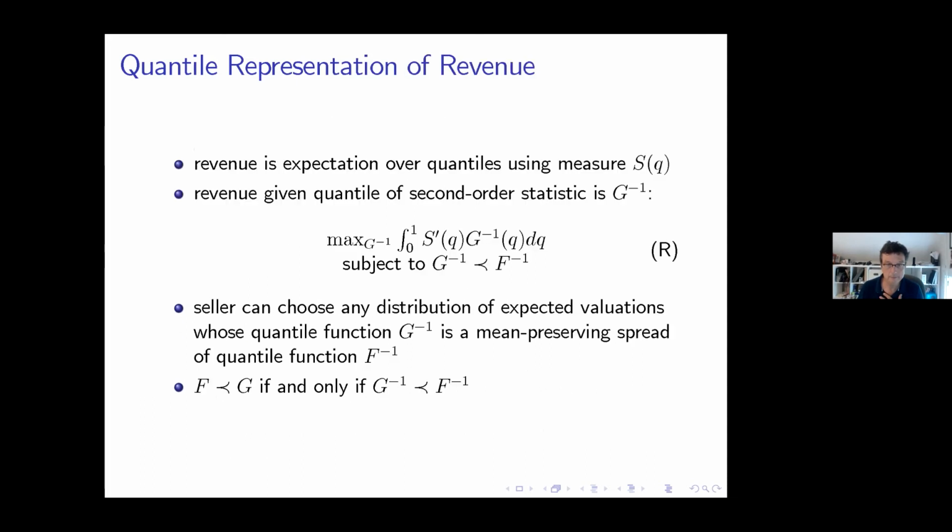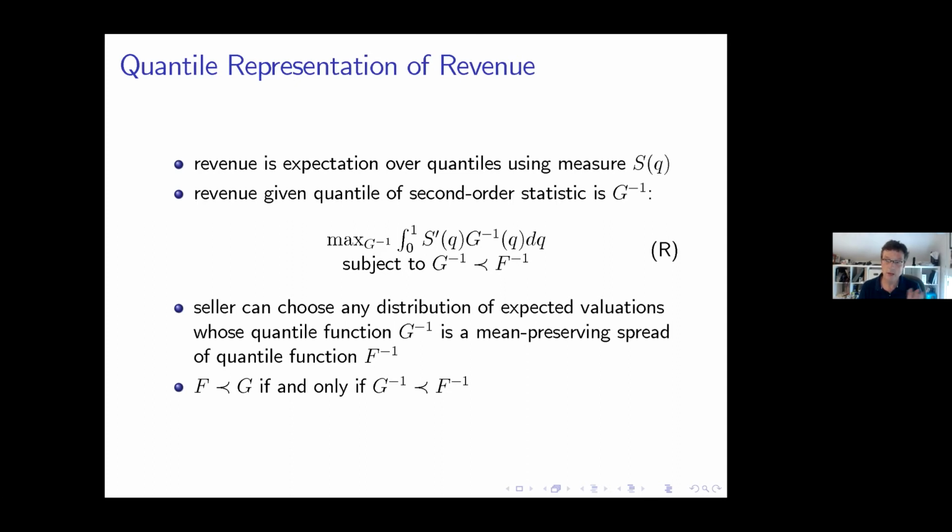And so indeed, we can rewrite the revenue problem by using the quantiles and the measure of the distribution of the second order statistic, and then using the inverse function, the quantile, as the object that we want to maximize.